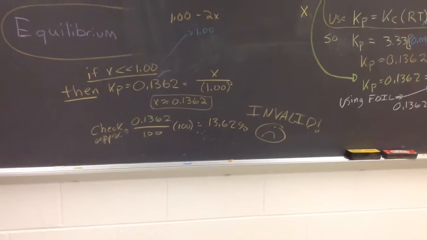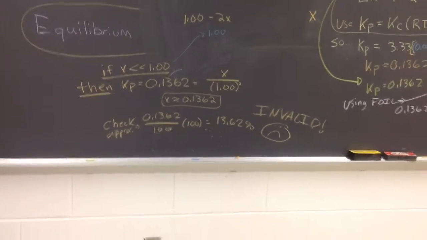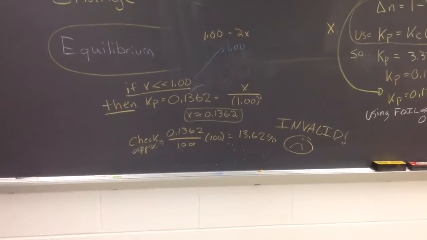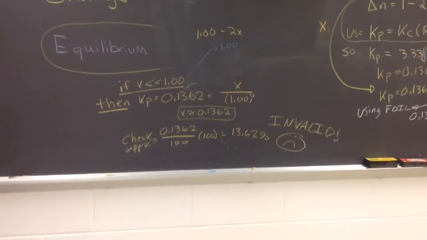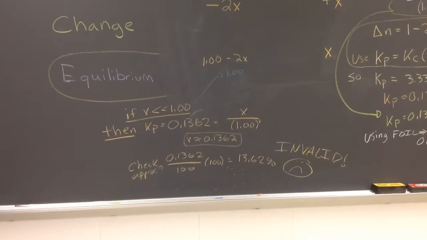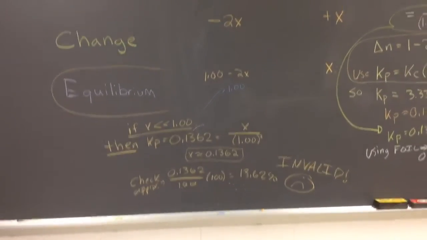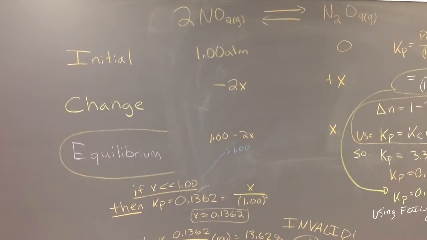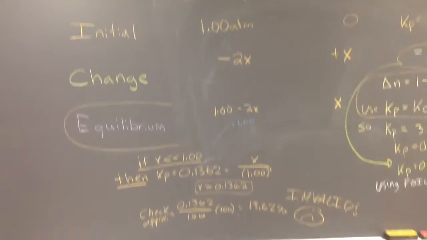Okay, so let's do our approximation. If x is small, it means it's much, much smaller than 1, which was our initial concentration there. So if that's the case, we can assume that the equilibrium concentration for our initial species is approximately 1.